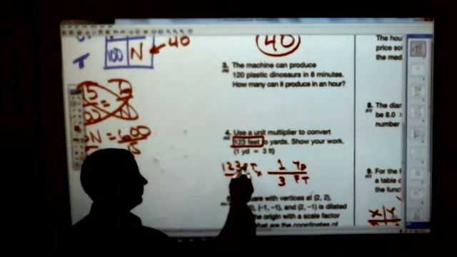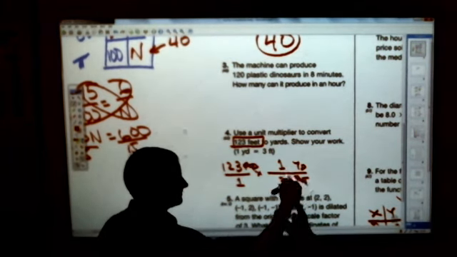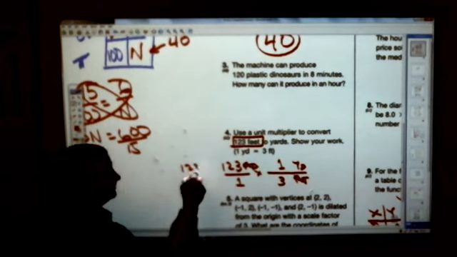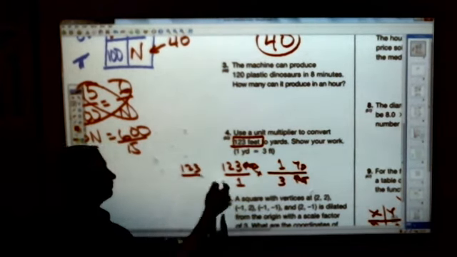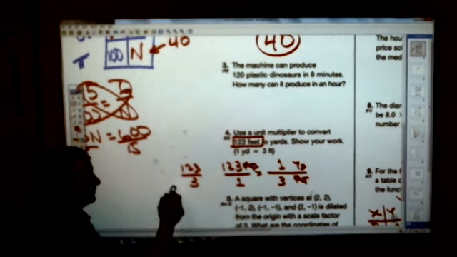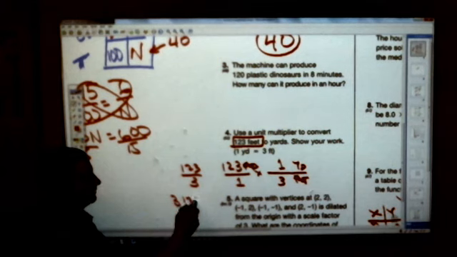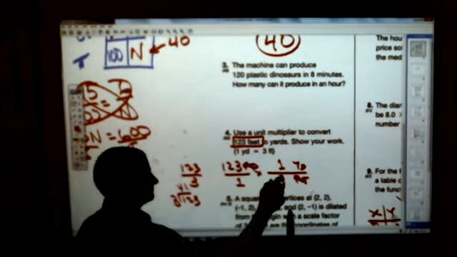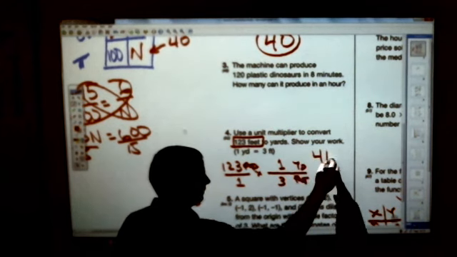Doing the math, the labels cross off, which is what I want, because I want my answer to be in yards, not in feet. And then it's 123 times 1 over 1 times 3, which is 3, which means it's just a division problem. 3 goes into 123 41 times. And the answer is 41.